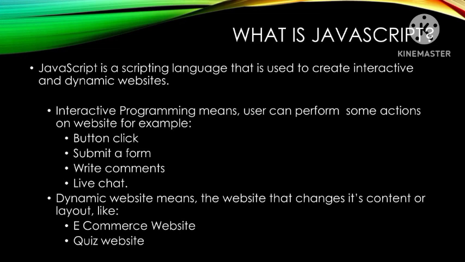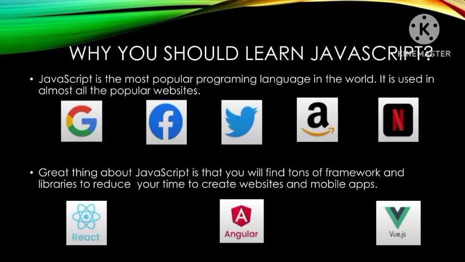So now, why should we learn JavaScript? Even though there are so many programming languages around the world, why is JavaScript so popular and famous? It is used in almost all the popular websites, such as Google, Facebook, Twitter, Amazon, Netflix.